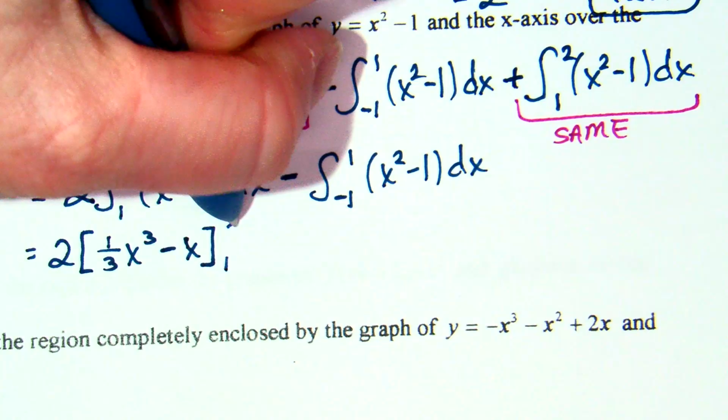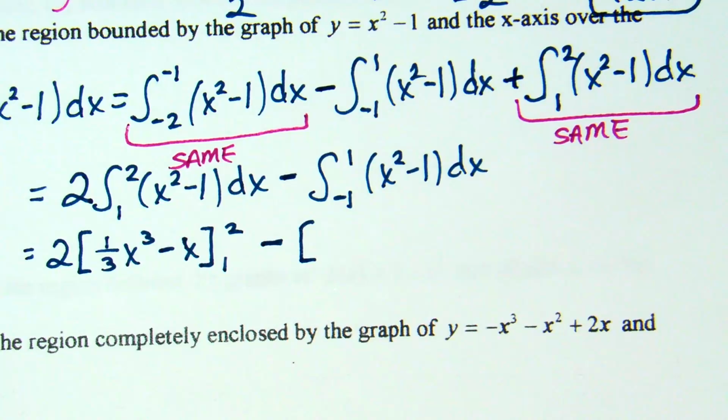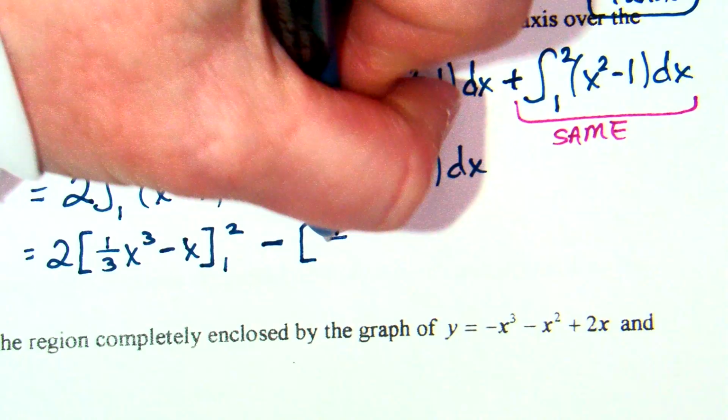Minus, good news is, you get a redo. What's the integral of x squared? This should be the easy time. 1/3 x cubed minus x again. This time it'll evaluate from negative 1 to 1. Okay, do your math, don't make any mistakes, right?